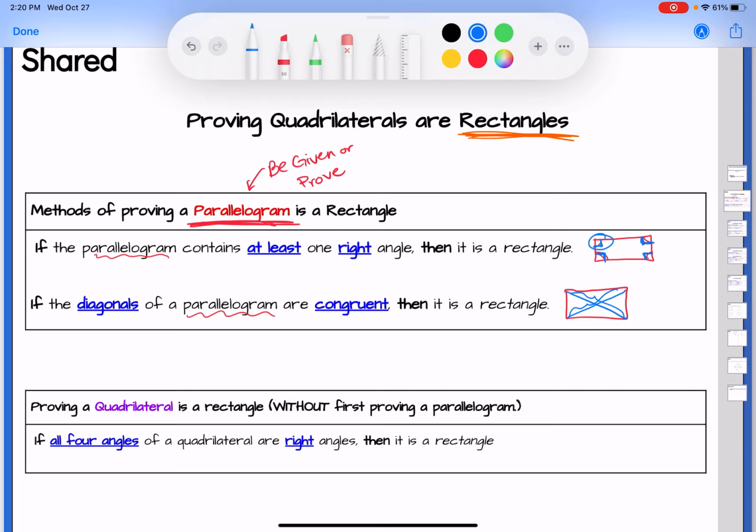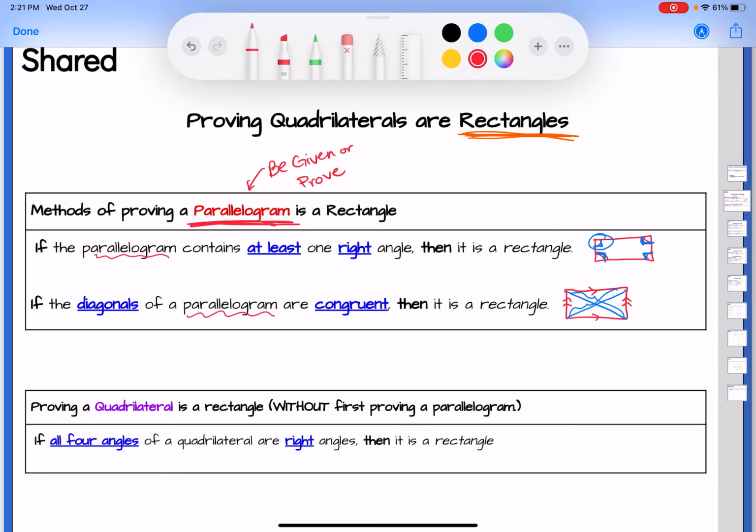Now, diagonals are congruent in an isosceles trapezoid, but if I already know it's a parallelogram, there's no way it's an isosceles trapezoid because they're not in the same family tree. You could also think that if it's a parallelogram, both pairs of sides are parallel, so it definitely cannot be an isosceles trapezoid. So if you know you have a parallelogram and one right angle, or a parallelogram and congruent diagonals, then it's got to be a rectangle.